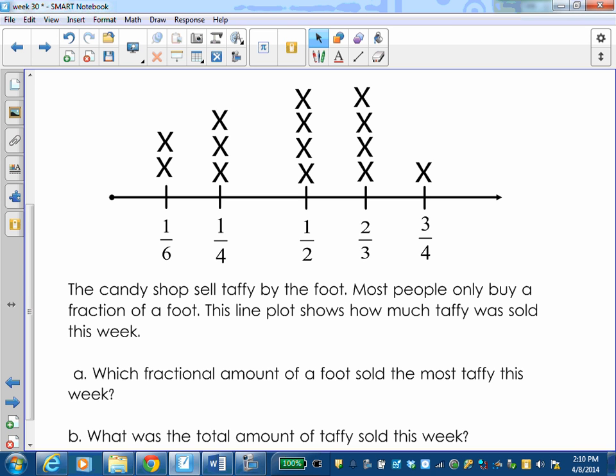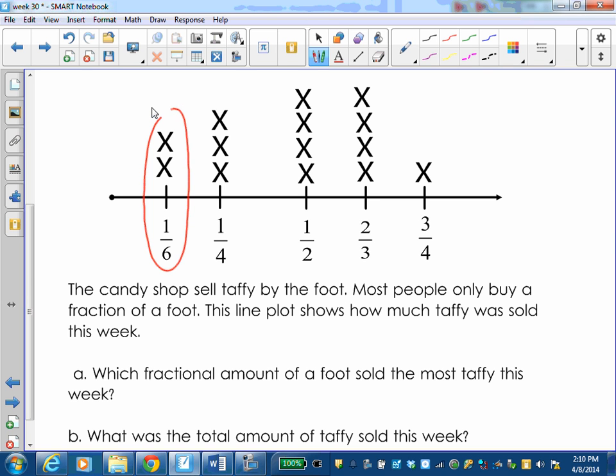So what we're trying to figure out is, when people bought 1/6 of a foot, since they sold 2 of those, did that add up to be the most taffy that was sold? Or was it 1/4?